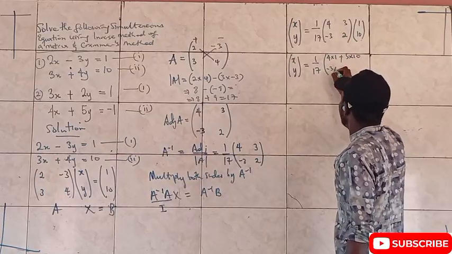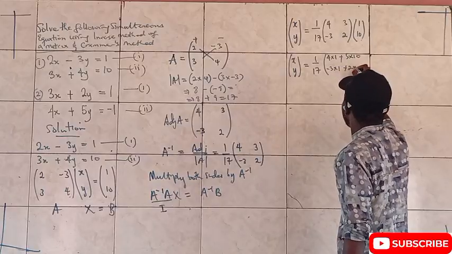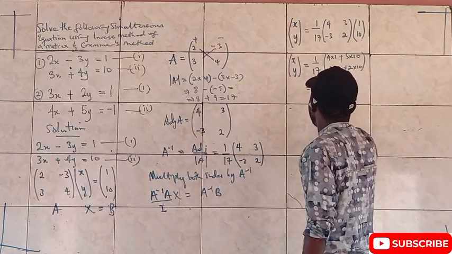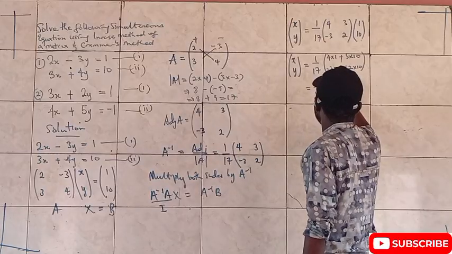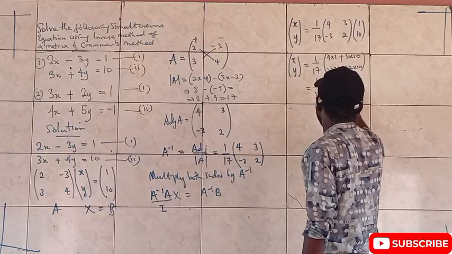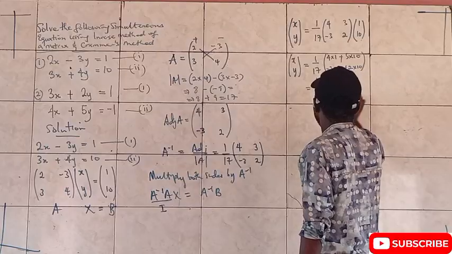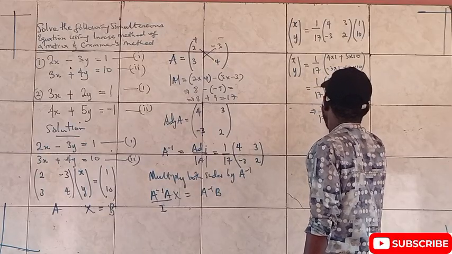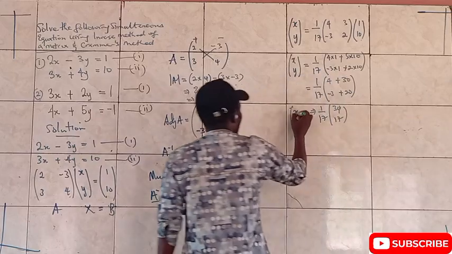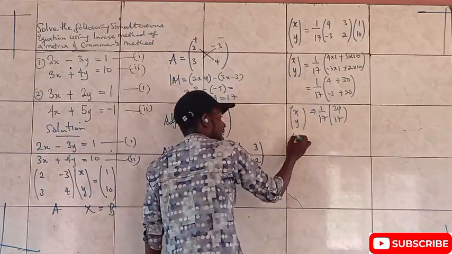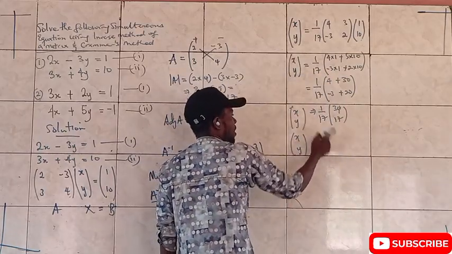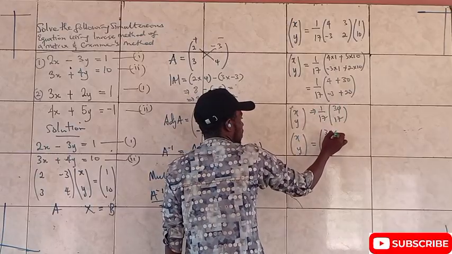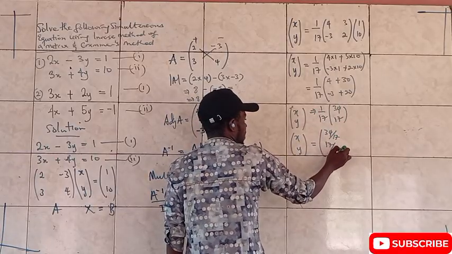Minus 3 times 1, plus 2 times 10. So what does it give us? It gives us 1 over 17, 4 plus 30, minus 3 plus 20. So it gives us eventually 1 over 17, 34 and 17. So I have my x and y here, and this constant is multiplied by each of these. It becomes 34/17, then 17/17.